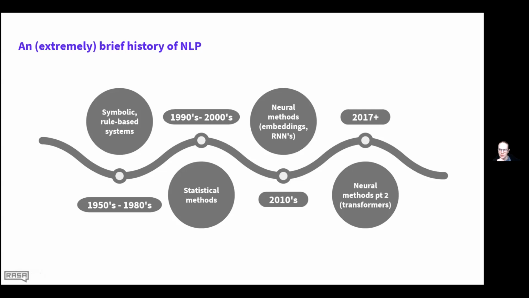When I was in grad school, the really exciting architecture was bidirectional LSTM with attention, which is a flavor of recurrent neural network. And then from 2017 forward, we got into transformers, which is another class of neural methods. From the statistical methods onwards, there are just narrowing approaches rather than completely changing paradigms as we did with the rule-based systems.